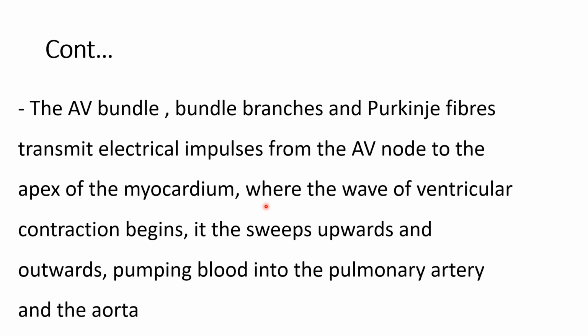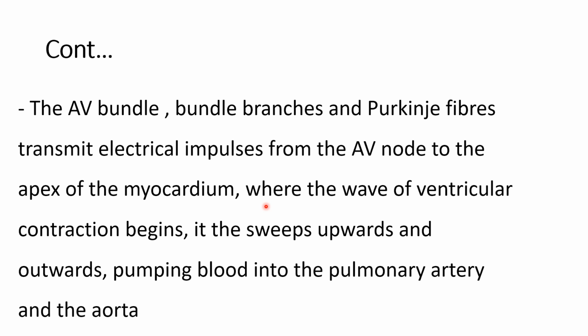Remember that the apex of the heart has the right ventricle as well as the left ventricle. This bundle is in the middle, in the septum, and the signal has to cover both sides of the ventricles of the heart.